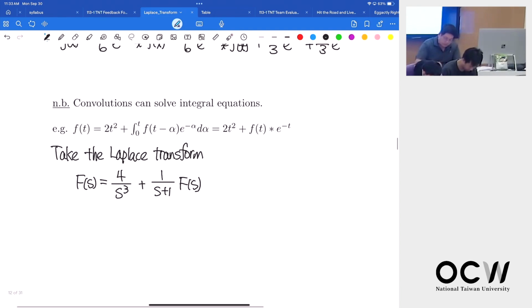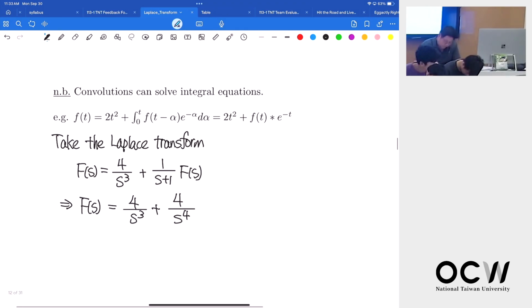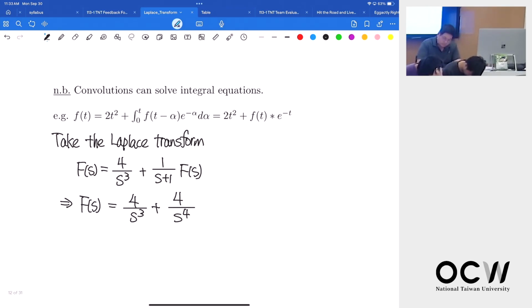In this case, we get F of s equals 4 over s cubed plus 4 over s to the 4th. Taking the inverse Laplace transform, you have f equals 2t squared plus 2/3 t cubed.